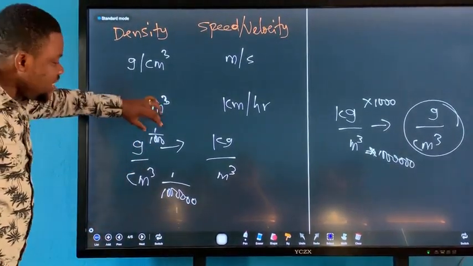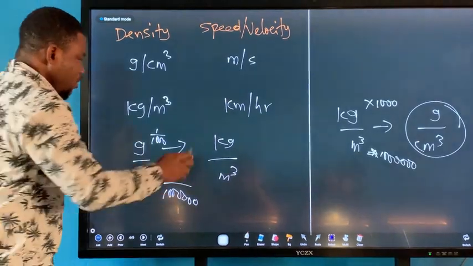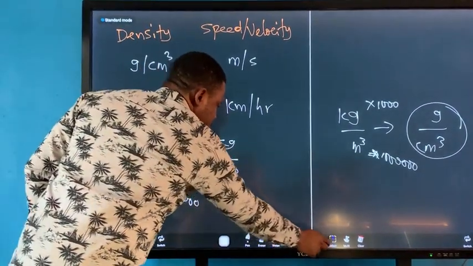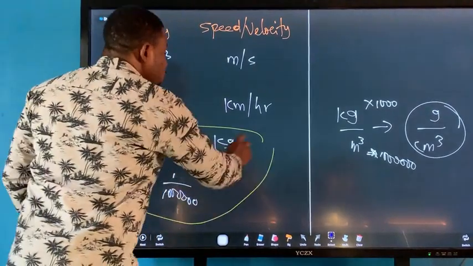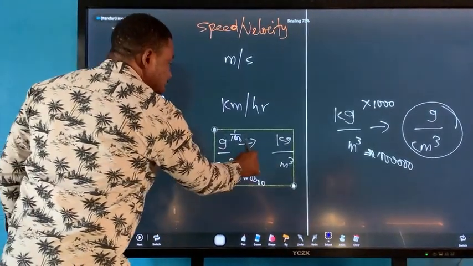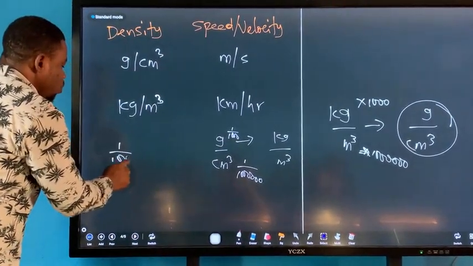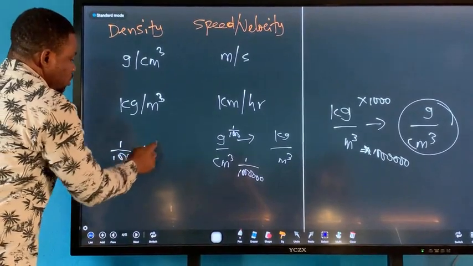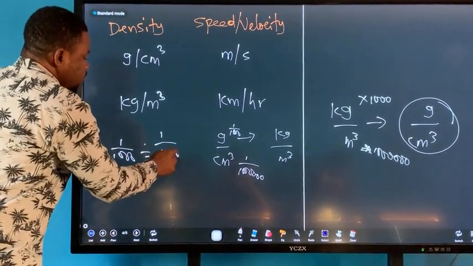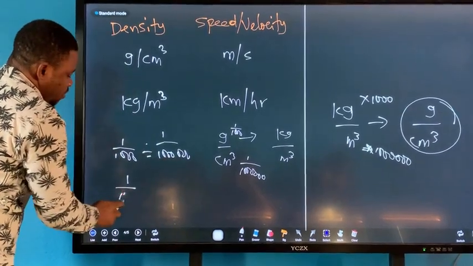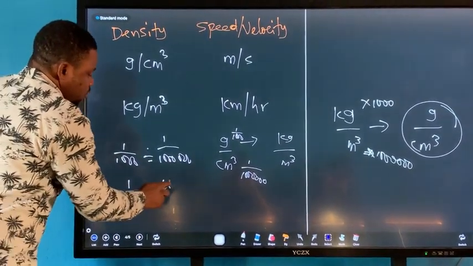So if I now do this divided by this, you can take your time later on and go through this little by little gently to get it. If I divide 1 over 1,000 by 1 over 1 million, I'll end up getting 1 over 1,000 times 1 million.